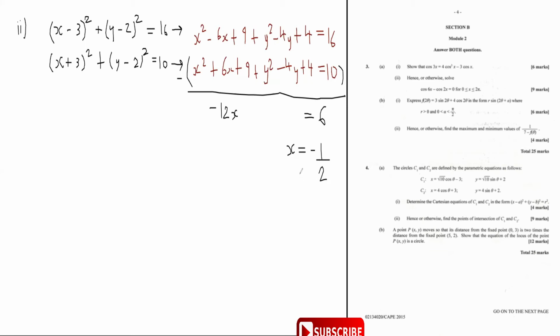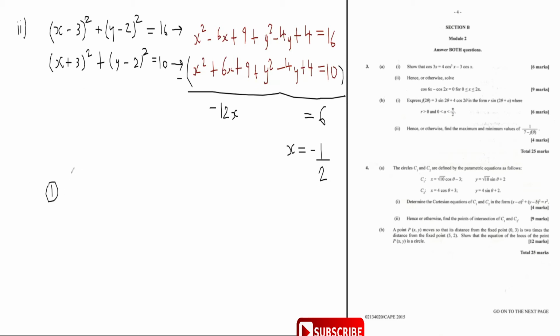Now that we have x equal to negative a half, we need to find out what the y value is. So we can plug in x being negative a half into either of these two equations to find the y value. Let's plug it into the first equation. You can use either equation, it doesn't matter.